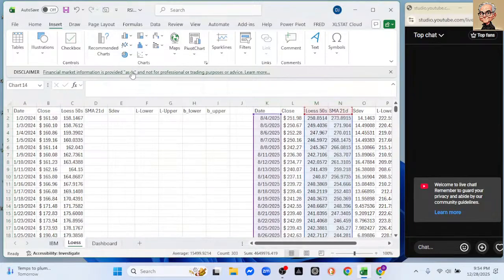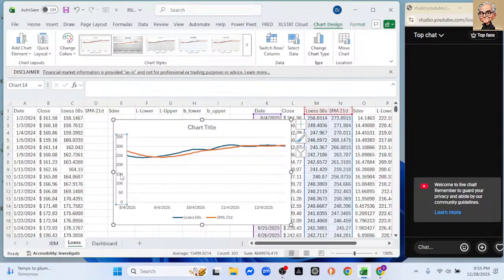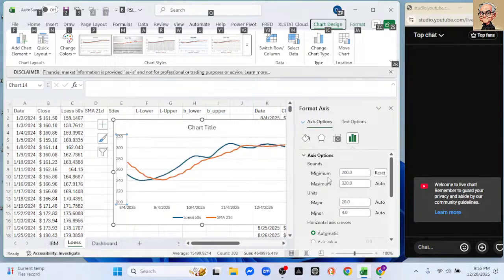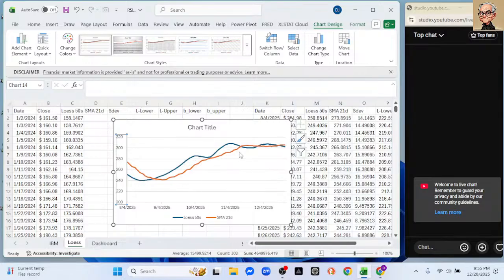So we're trying to find the... okay, so here's the moving average, and here's the Loess line. Interesting.